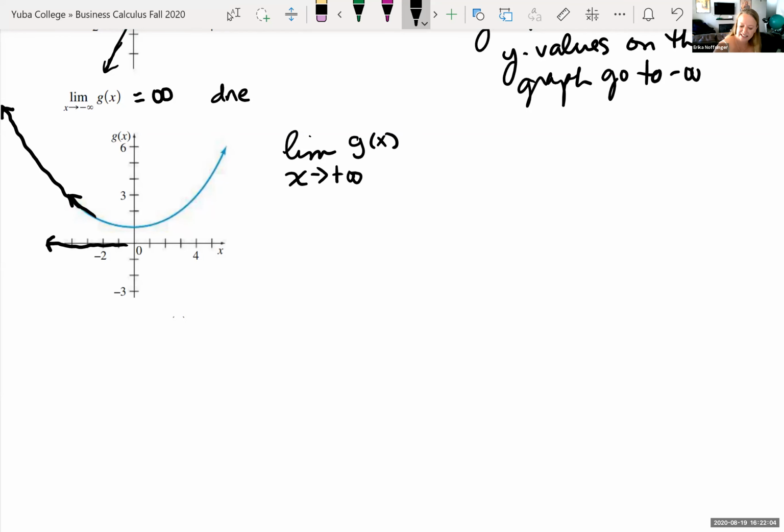As x is going to positive infinity, follow the graph and see if it's going towards any y value, and it's not. It's also shooting upwards. Your y values are getting larger and larger, so this is also going to positive infinity, and we would say this doesn't exist.